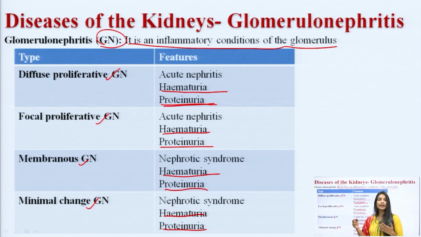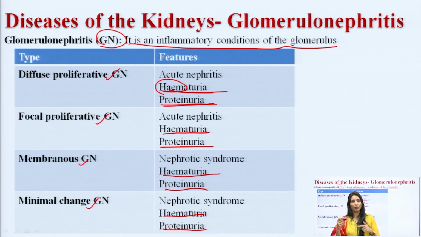If you are seeing blood in the urine, you can call it hematuria. So simple, heme. What is meant by heme? Heme is nothing but blood. So when you can see blood in the urine, you call it hematuria. When there is excess protein in the urine, you call it proteinuria. Okay, what is acute nephritis?